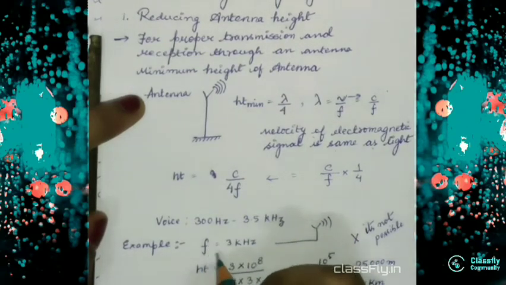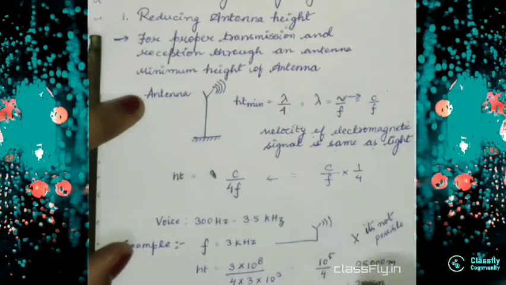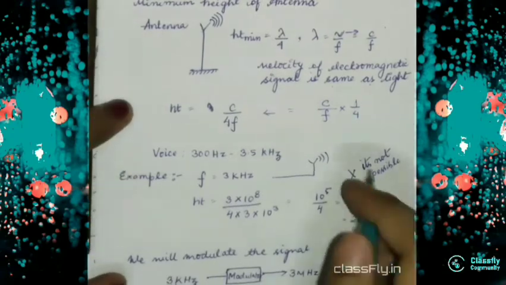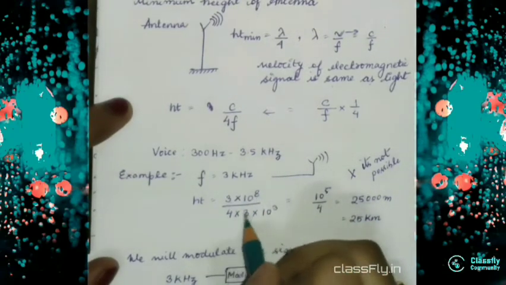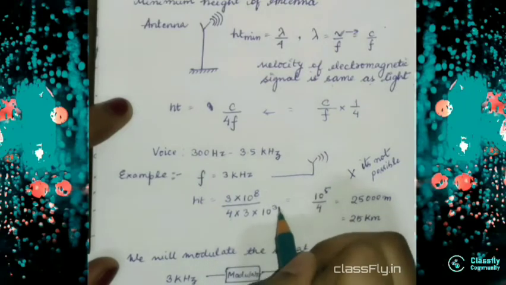For example, if I take the frequency as 3 kilohertz, then the height for the antenna is 3 into 10 to the power 8 by 4 into 3 into 10 to the power 3.